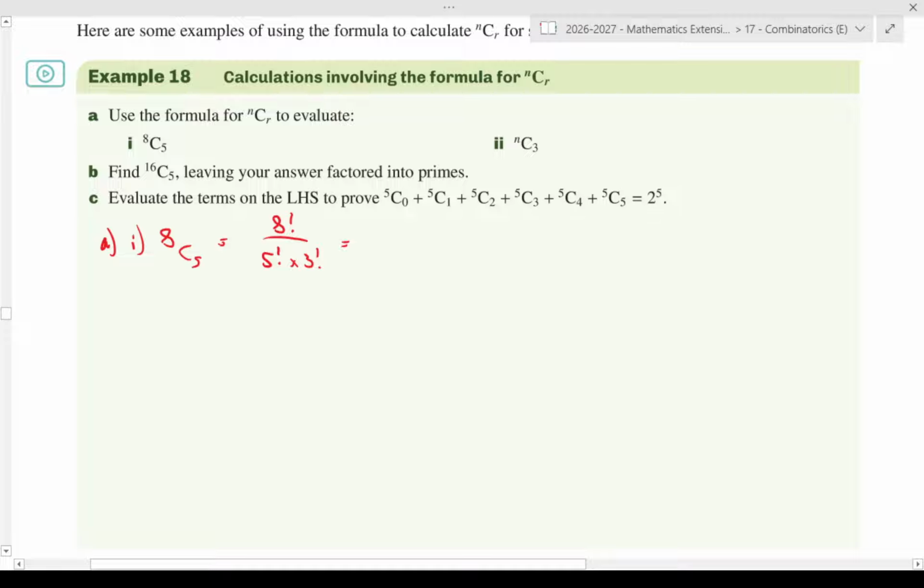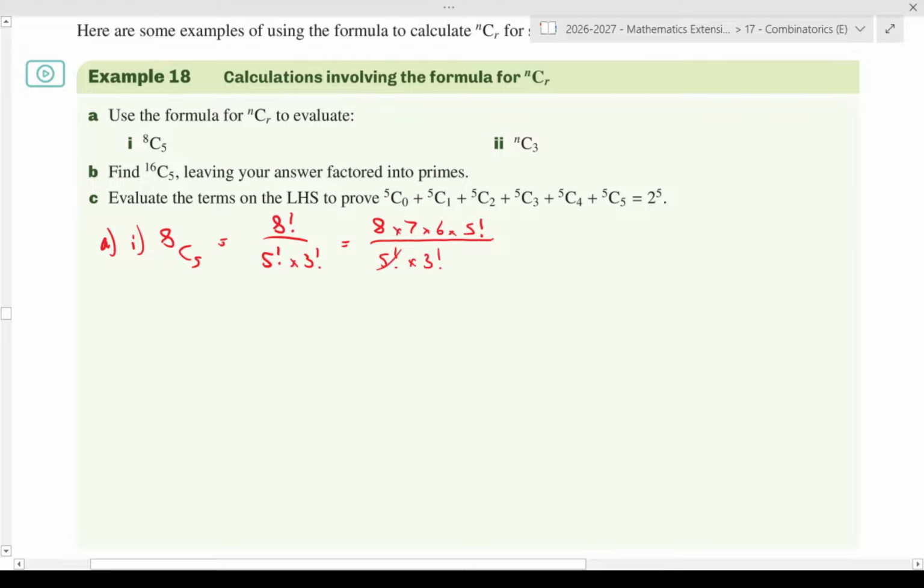All right, so now we're going to roll it out so we can see what this looks like. I could do 8 times 7 times 6 times 5 times 4 times 3 times 2 times 1. I could do that. But I'm just going to go to that point and go 5 factorial. And the reason I'm going to go to that point is because down here I've got 5 factorial times 3 factorial.